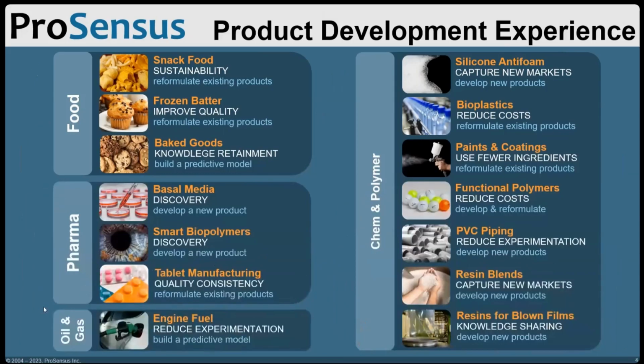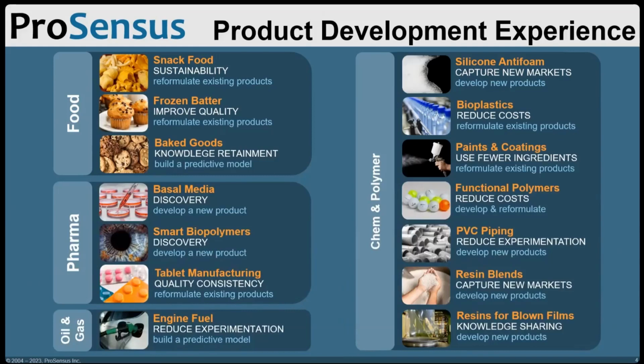So our product development experience is actually quite broad. If you look at this slide here, you will see some of our past applications that we've done through food, pharma, oil and gas, chem and polymers. So not only are the industries diverse, but also are the objectives of these problems.